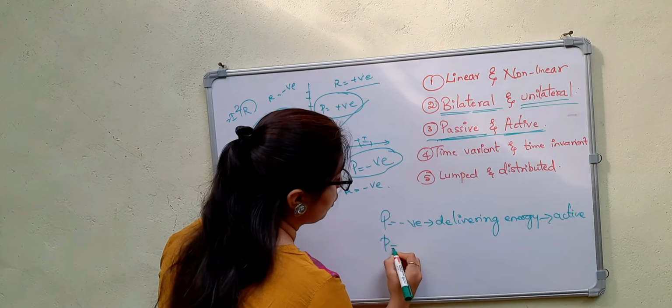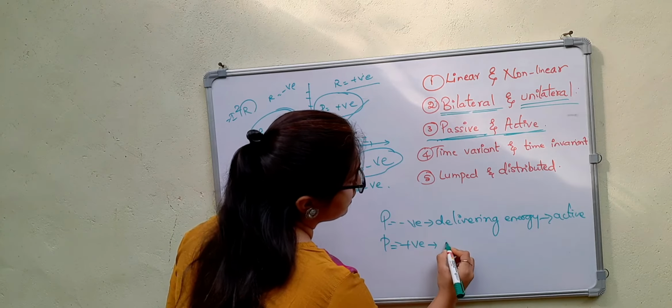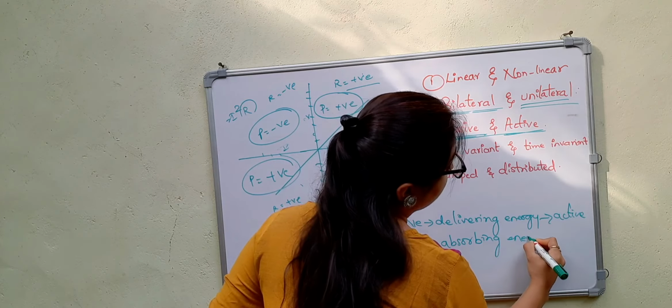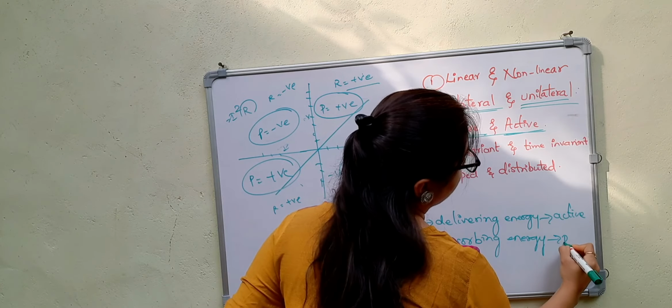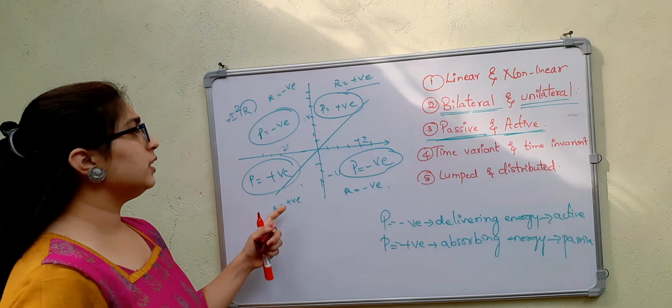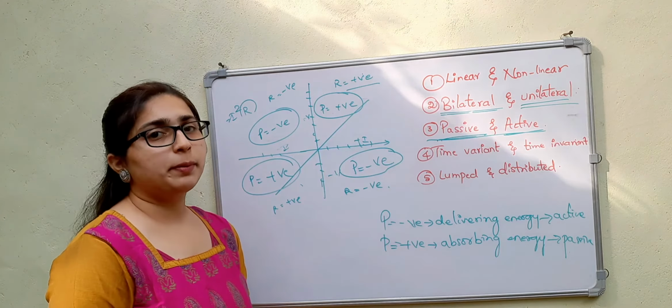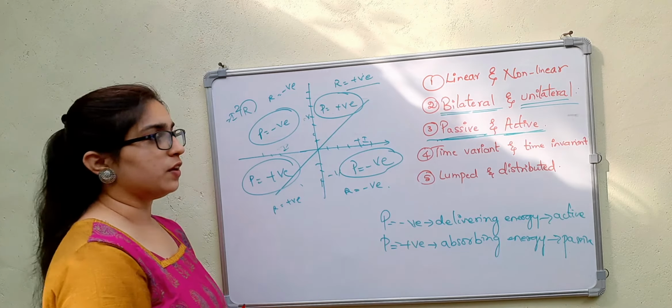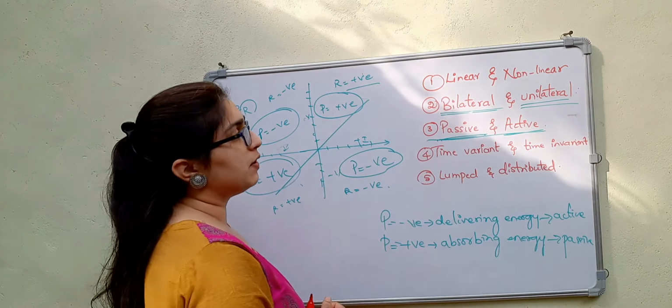If power is positive, it is absorbing energy, then it is passive. So if it comes in the first and the third quadrant, it will be passive because power is positive, here also it is positive. So we can call this a passive element.